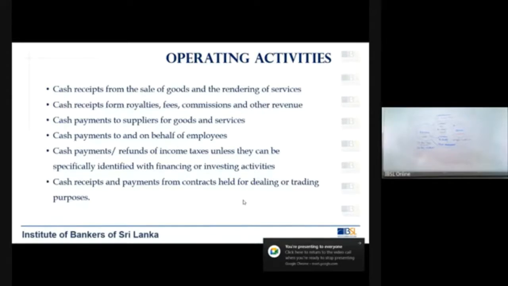I'm not going to go into detail, just read through this. What are the things that you can consider under operating activities? You have to be mindful that the items included under operating activities will have a result of either receiving cash or paying cash.